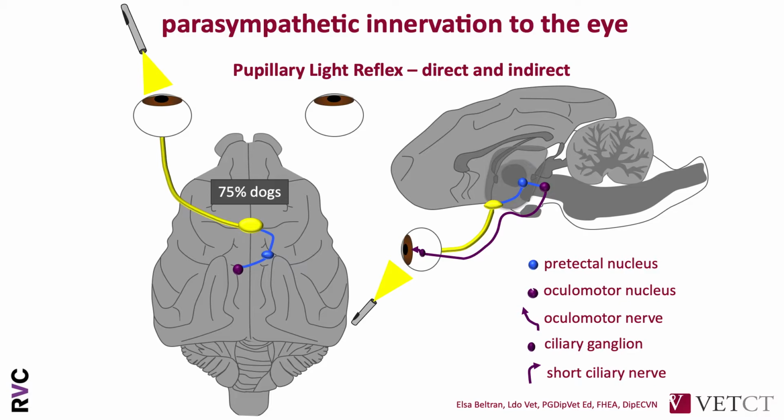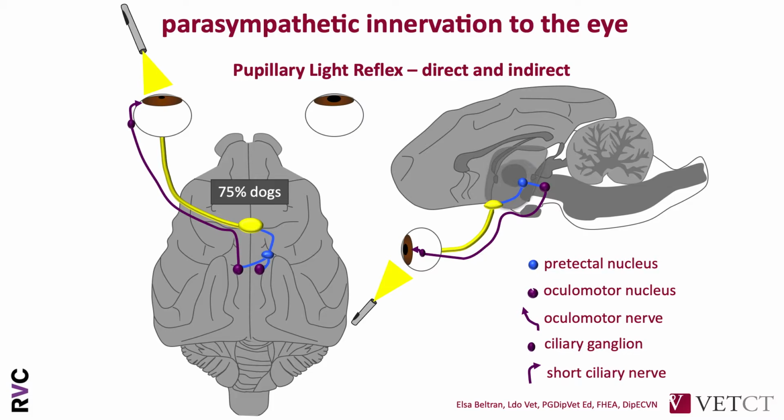And the axons of this preganglionic neuron form your oculomotor nerve, which is going to synapse on the ciliary ganglion that contains your postganglionic neuron, which in this case is the short ciliary nerve that contributes to your direct PLR. The rest of the fibers will remain on the contralateral oculomotor.